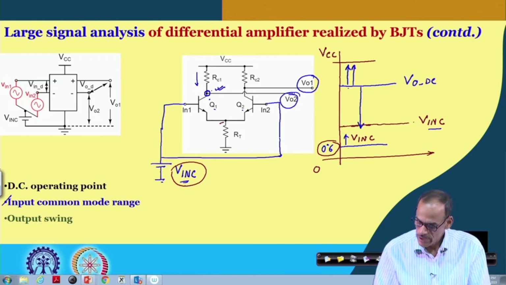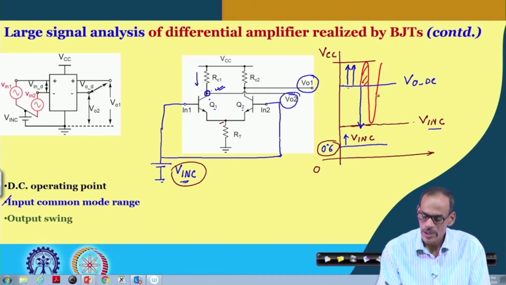Whatever range we are talking about here, this side and this side, that is referred to as the possible signal swing.